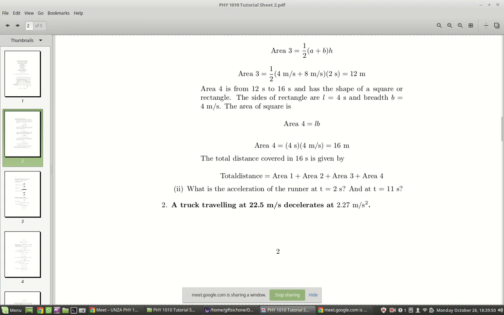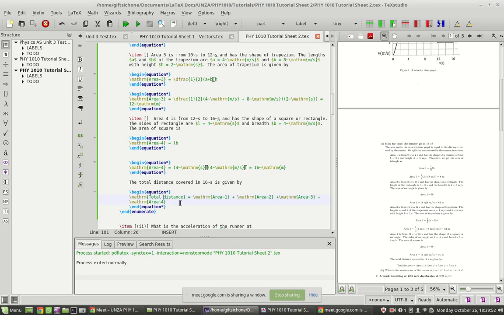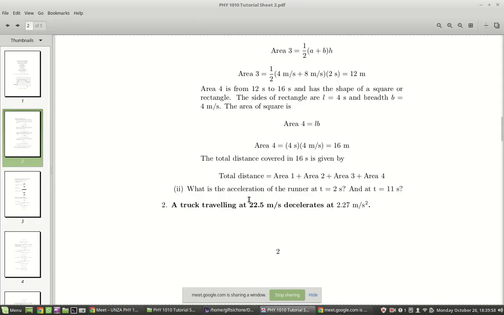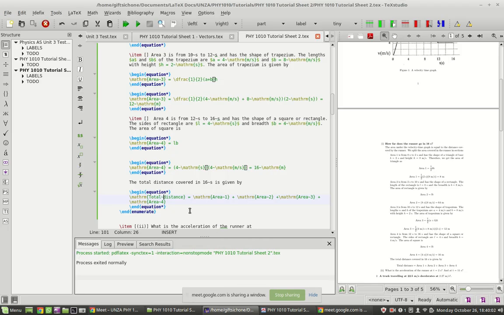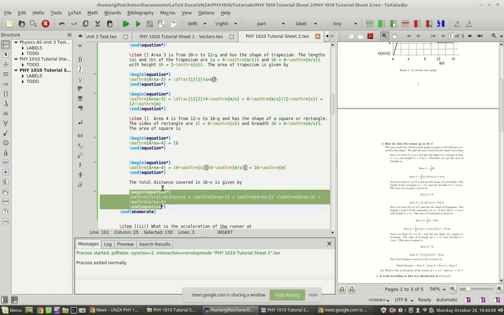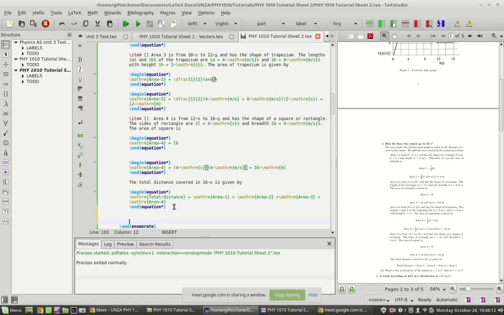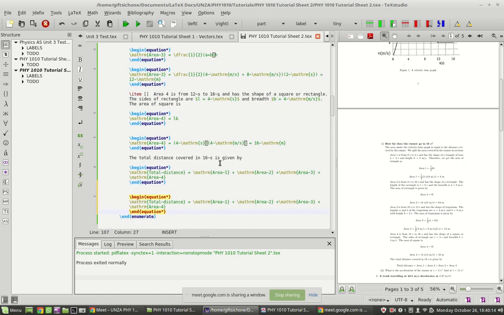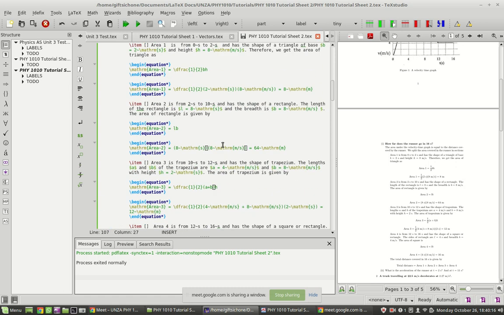Is that clear? Yes, sir. All right. So we proceed to substitute the areas we found so that we can work out what the total is. For area 1, we found 8 meters.